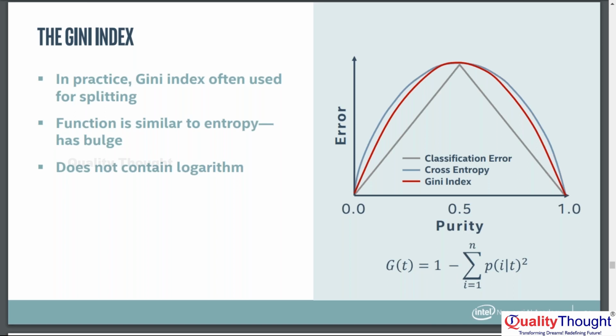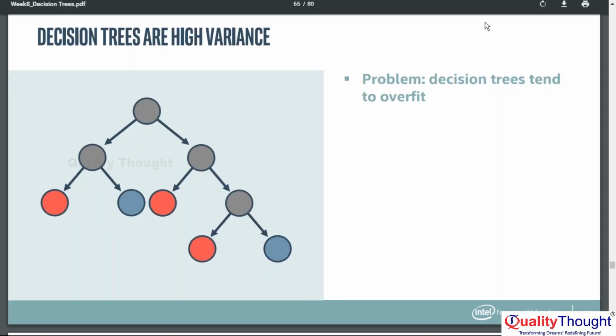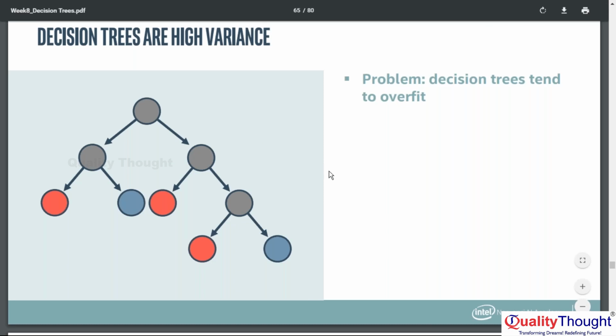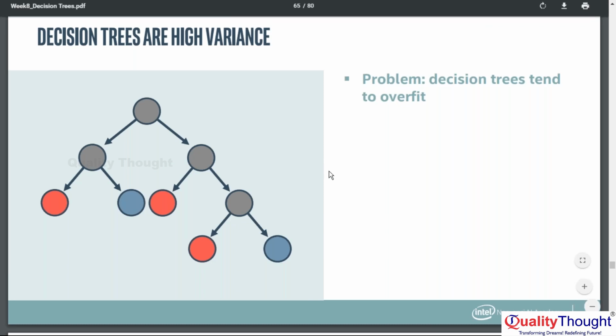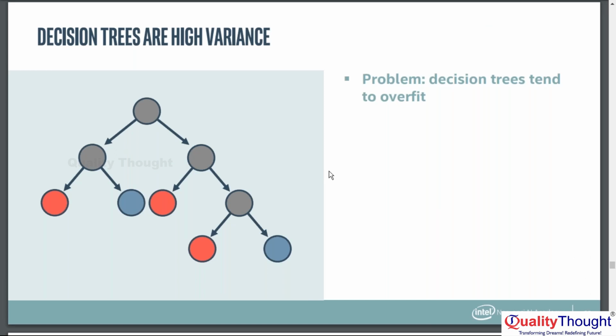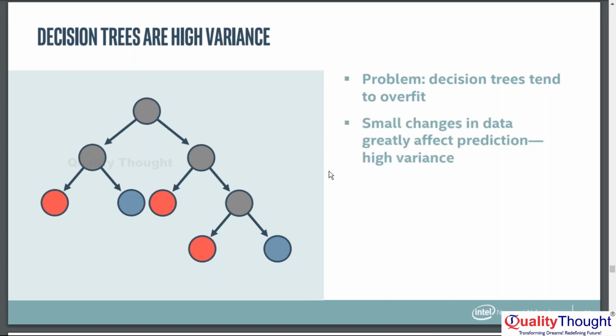Here, decision trees tend to overfit. Definitely, you need to check this problem, when your decision trees are going to overfit or underfit. Small changes in the data will affect the prediction, giving high variance. Why? Because overfitting will cause more nodes to be generated. When you have more nodes, something needs to be done, which is called pruning.